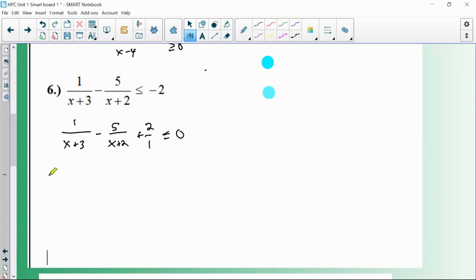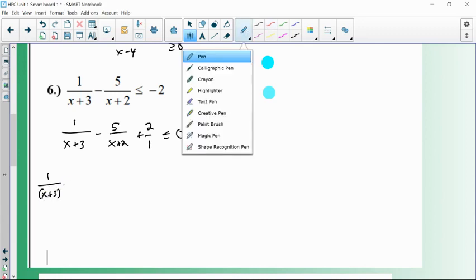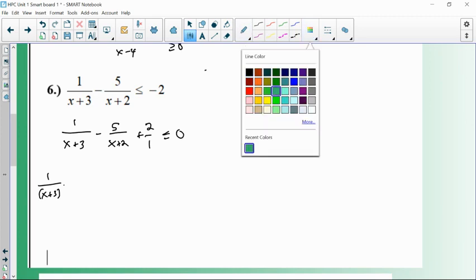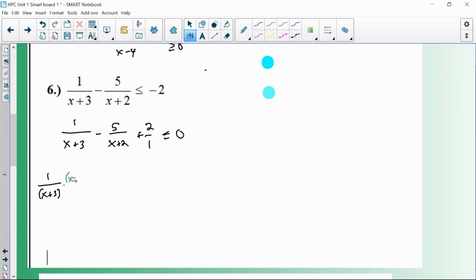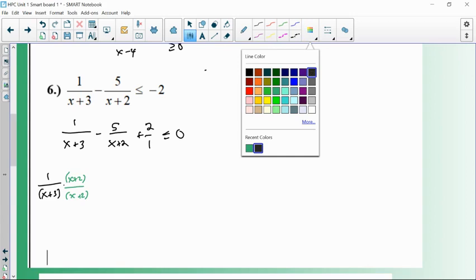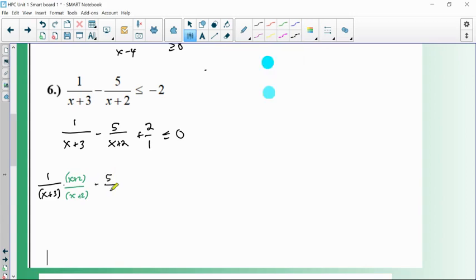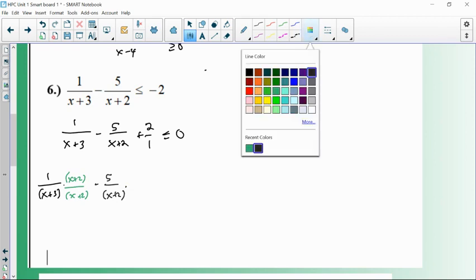So the first one, 1 over x plus 3, we would need to multiply that by x plus 2 over x plus 2, and then minus 5 over x plus 2, and then it needs the x plus 3.